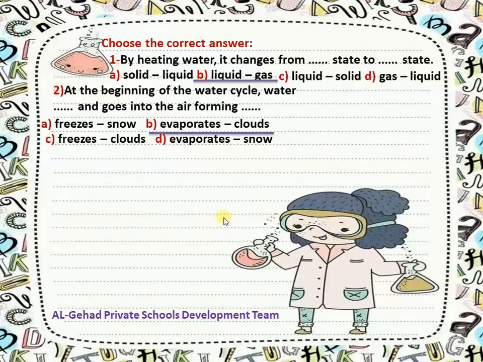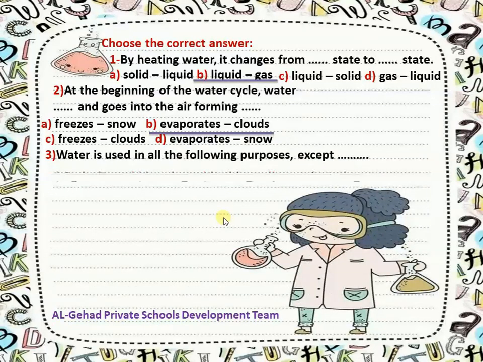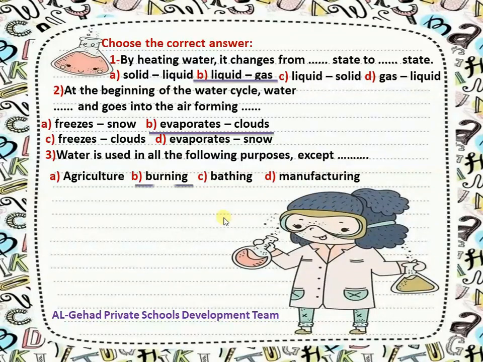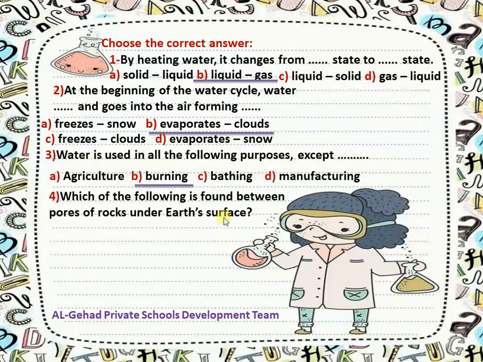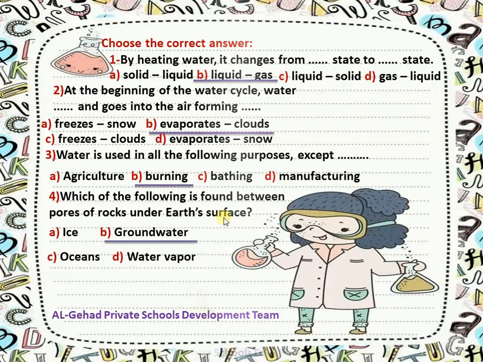Water evaporates and goes into the air, forming clouds. Number 3, water is used in all the following purposes except burning. Number 4, which of the following is found between pores of rocks under the earth's surface? Groundwater.